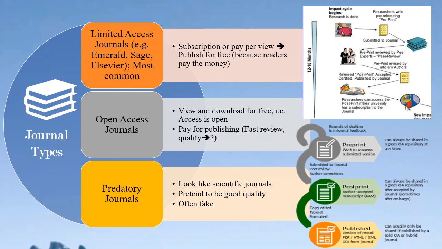So please be sure about the journals, whether they are predatory or not. Go to the home page, check properly, check the contact, the editor's profile, and only then submit your manuscript to that particular journal.